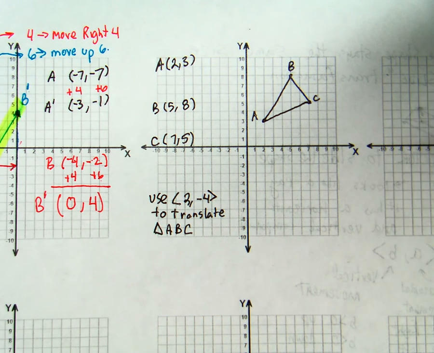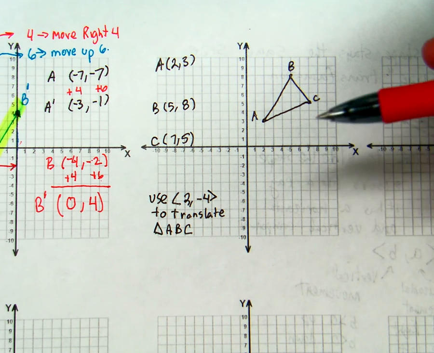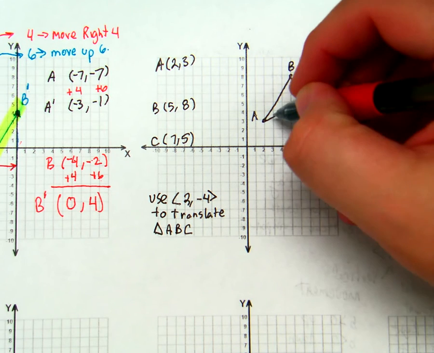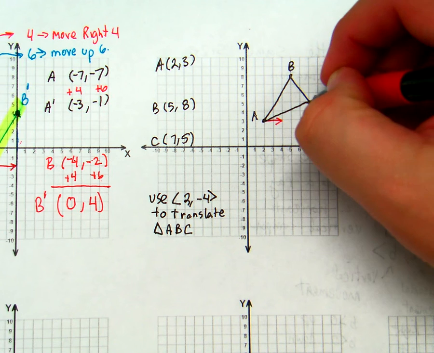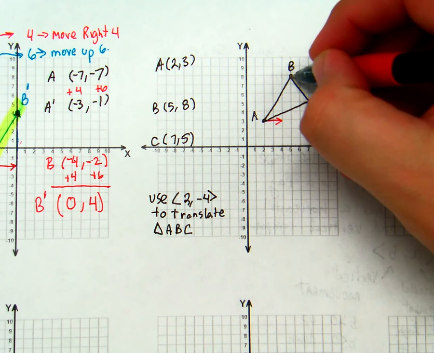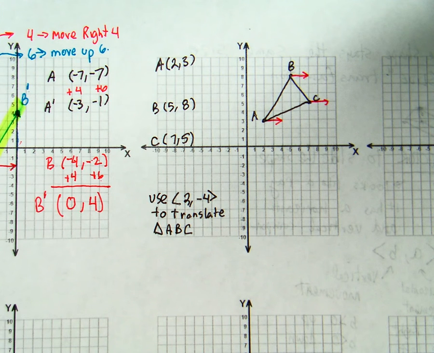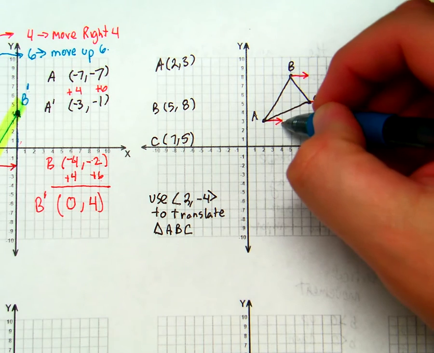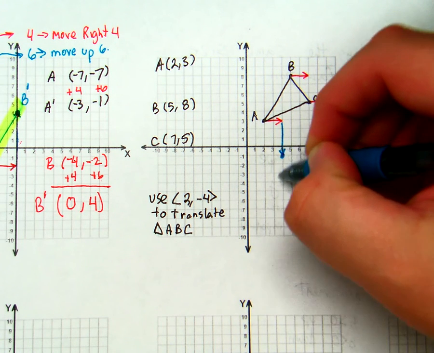Alright, how are my x's changing? Right 2. So I could take A, C, and B and move them all right 2. Just like that. And now how are my y's changing? Up or down? Down. How many? 4. 1, 2, 3, 4. So there's A prime. 1, 2, 3, 4.